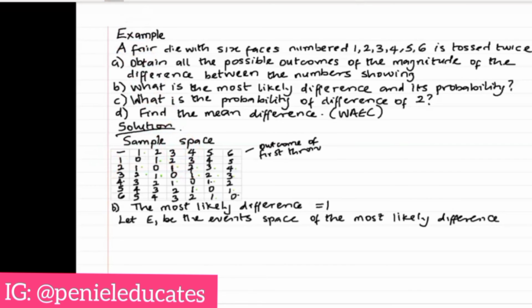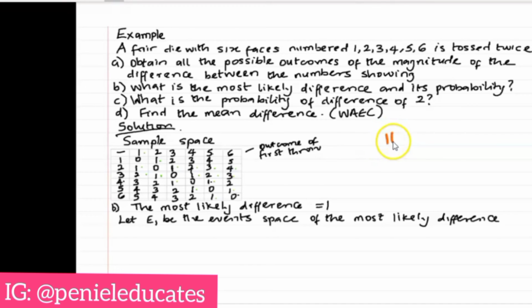All right, so let's look at this particular example. But before we do that, don't forget I said the set of possible outcomes or results is called a sample space, and each possible outcome is called an event.